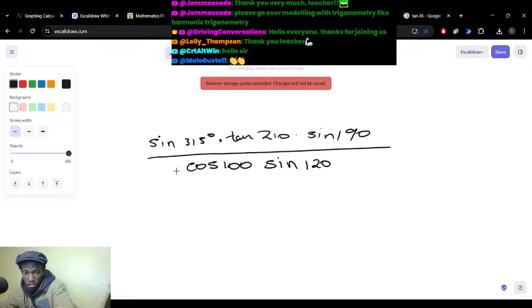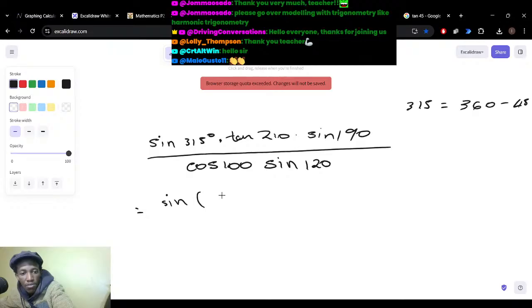Let me show you what I mean. So we know that 315 equals 360 minus 45 degrees, right? So this means that sine 315 is equal to sine of 360 minus 45 degrees.